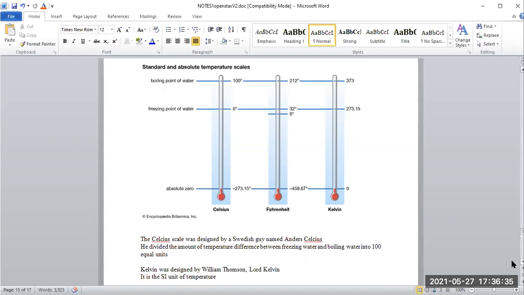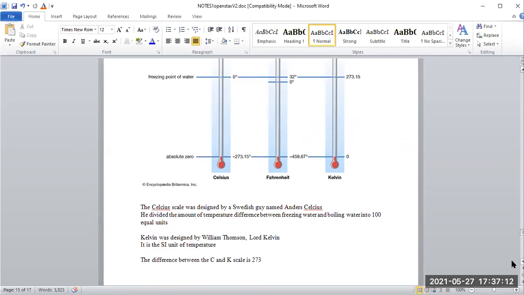And he took a glass tube and he inscribed it with 100 equal marks to match the boiling and freezing of water. So this is kind of why it actually makes a little bit more sense. It's a nicer scale to deal with. It also means that 1 degree Celsius is a slightly larger space of temperature than a Fahrenheit degree.